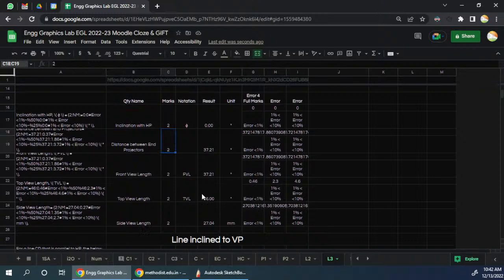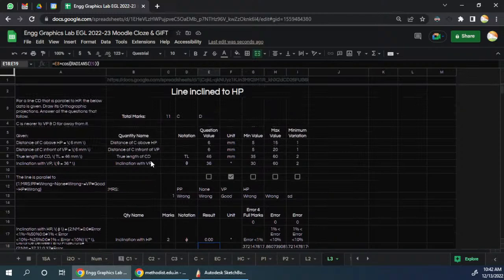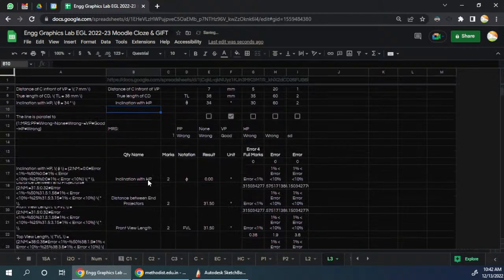Alright, so let's go ahead and do that. So yeah, I guess this question, this is going to remain the same inclination. HP, so this is going to be changed over to HP. This is going to become VP.